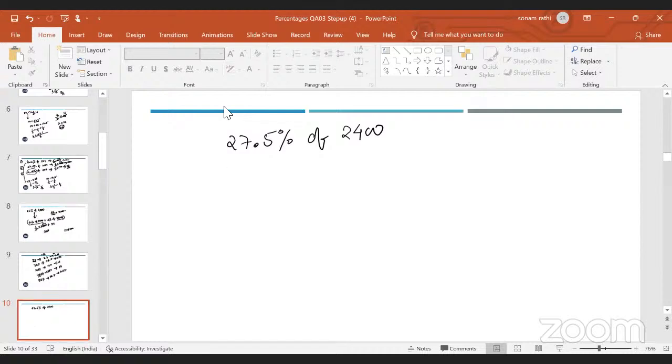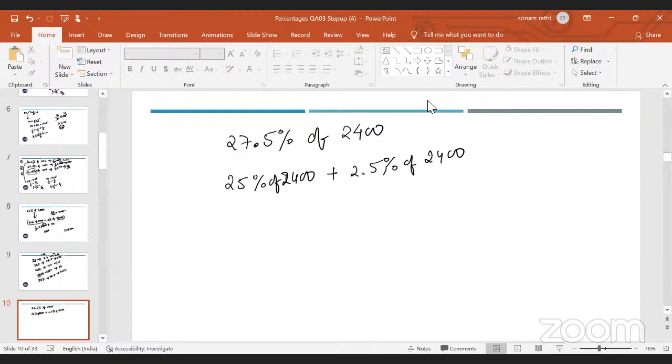How can I break down the question? 27.5% of 2400 is 25% of 2400 plus 2.5% of 2400. Right? That's how we can calculate.